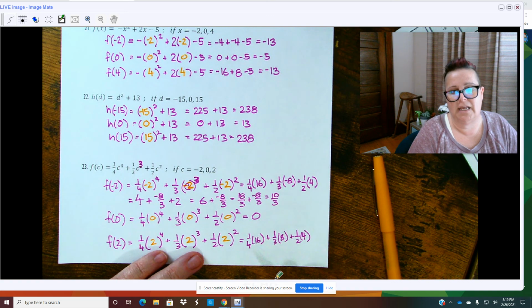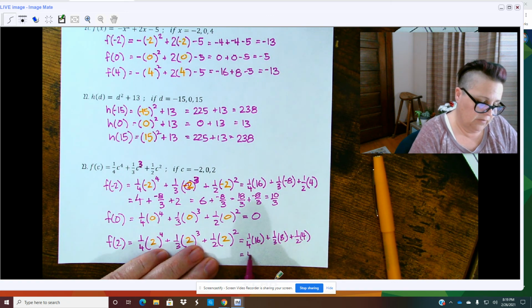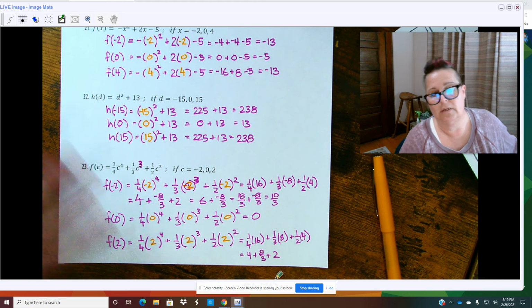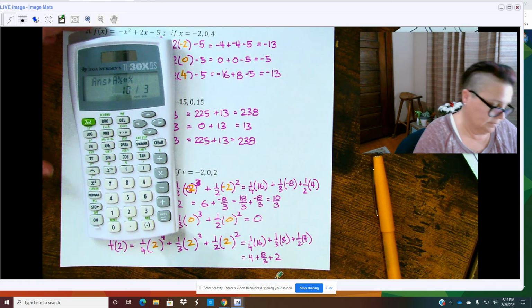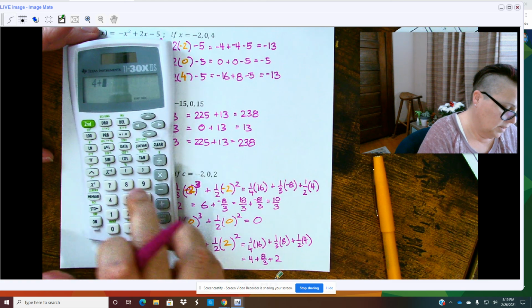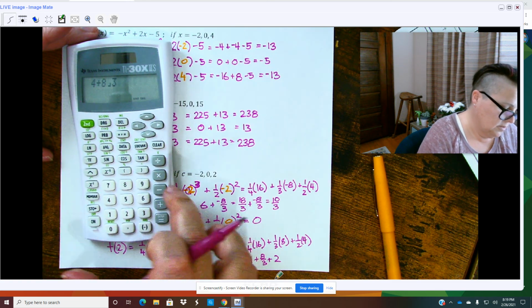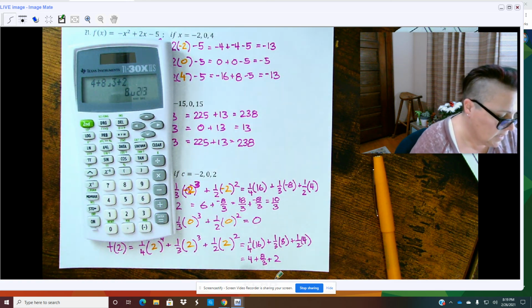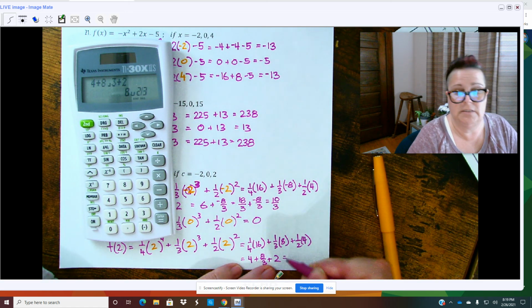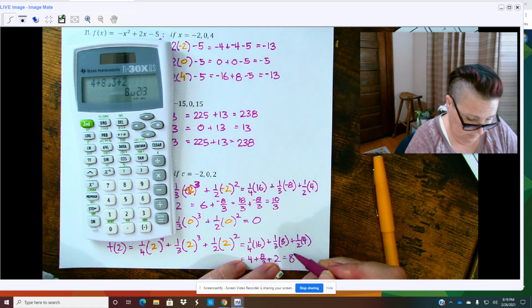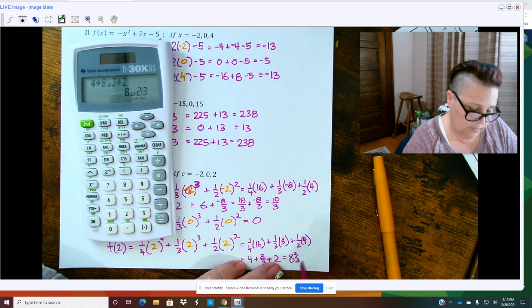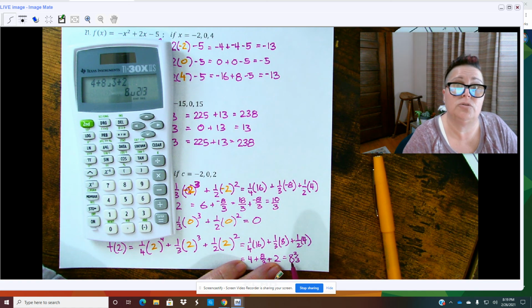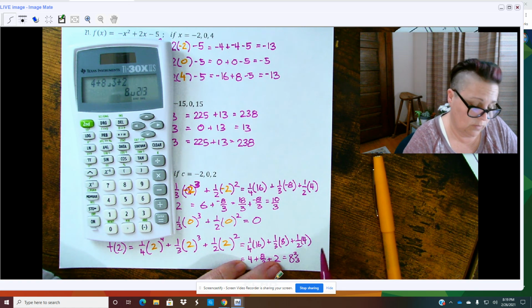Well, that's almost exactly what I got before. That's going to be 4 plus 8/3 plus 2. The sign is different on that. I get 8 2/3. 3 times 8 is 24 plus 2 is 26.